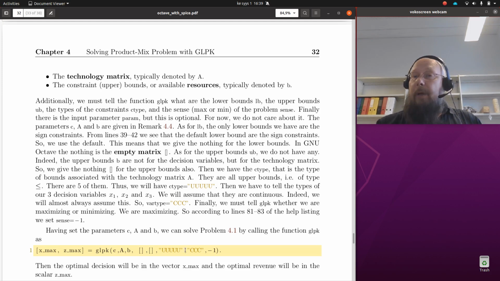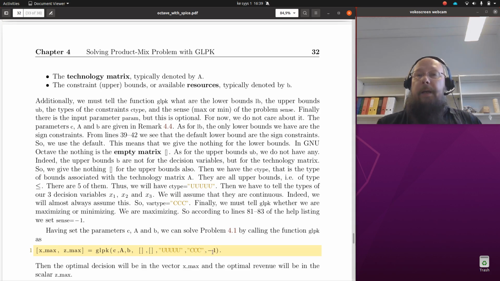And I had 3 variables, decision variables, and each of them I assume is just continuous. So this is again a string in quotations of 3 C's.